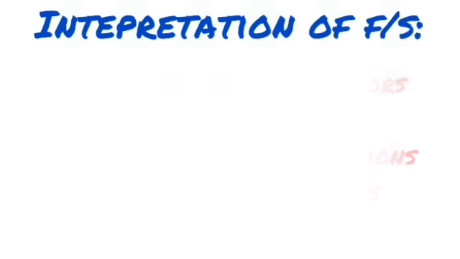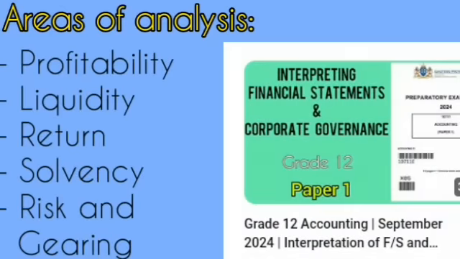So let's remind ourselves of the areas of analysis. We have already covered them in detail in a video that I have posted on interpreting financial statements and corporate governance for paper 1, so you should go look at it. But here, just to remind ourselves of what they are, we have profitability, we have liquidity, we have return, we have solvency, and then lastly we have risk and gearing.